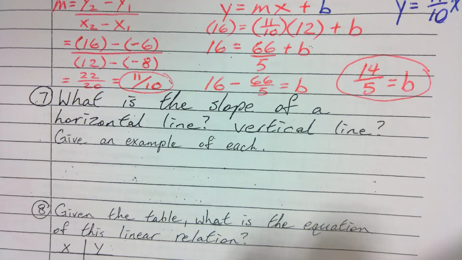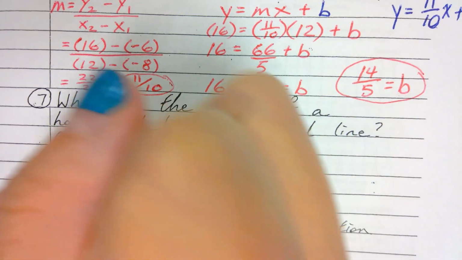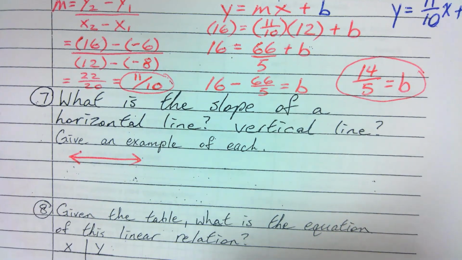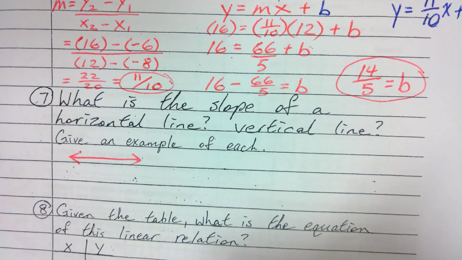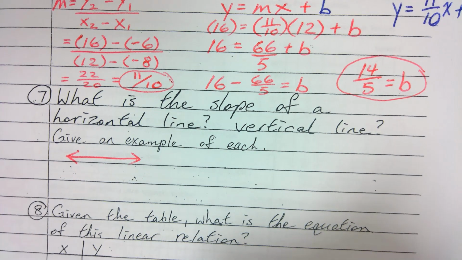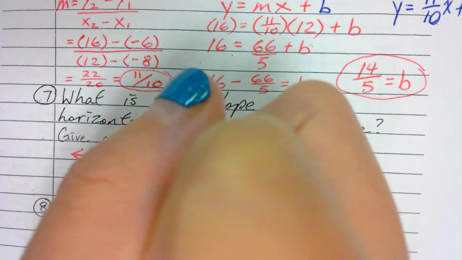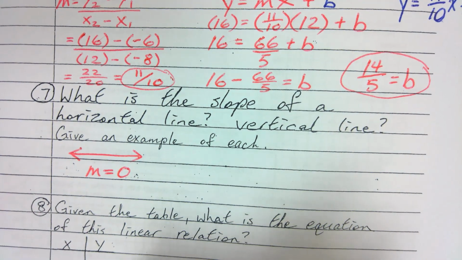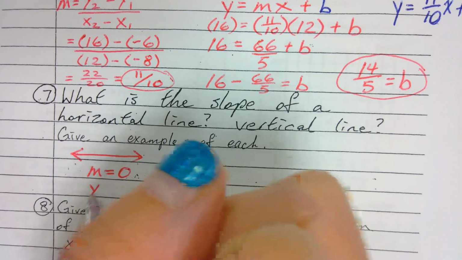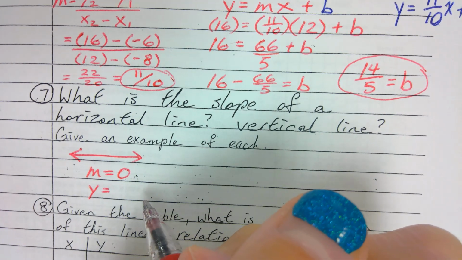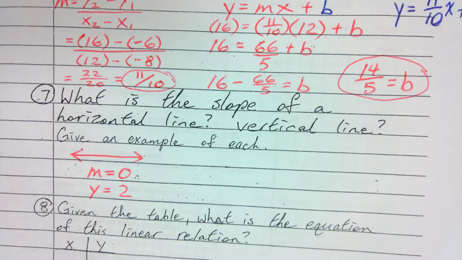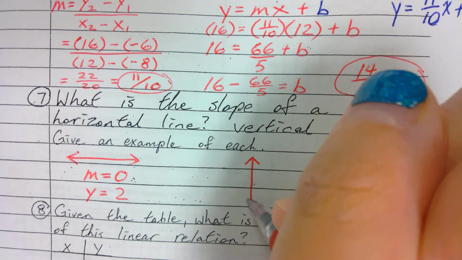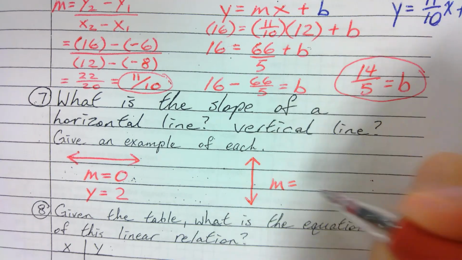Okay, number 7. What is the slope of a horizontal line? Horizontal line. What's the slope? Not everybody at once. Melissa. 0, right? M equals 0. So can you give me an equation of when M equals 0? y equals 2. Yeah, that's it. Okay. And then what about a vertical line? What's the slope for a vertical line?